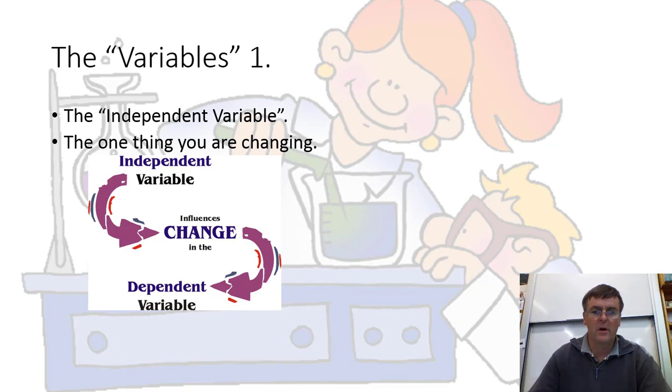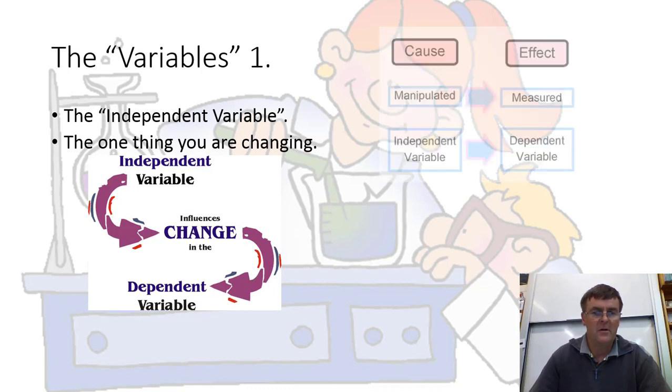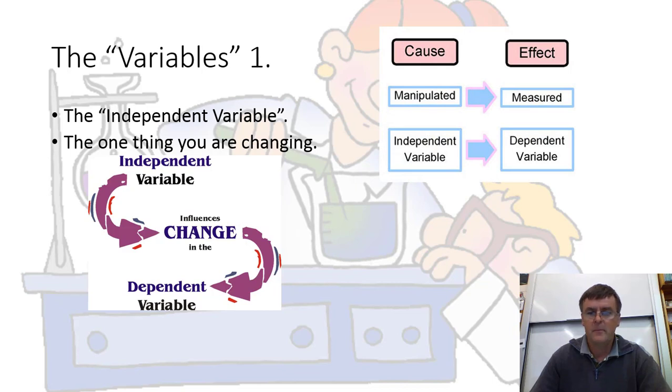With my cake baking idea, the amount of sugar in the cake is the only thing I'm going to be changing. Everything else I'll be keeping the same. All the other ingredients, the amounts, the times in the oven, the temperatures, everything else will be kept the same. Only the sugar amount will be changing. That is our independent variable.